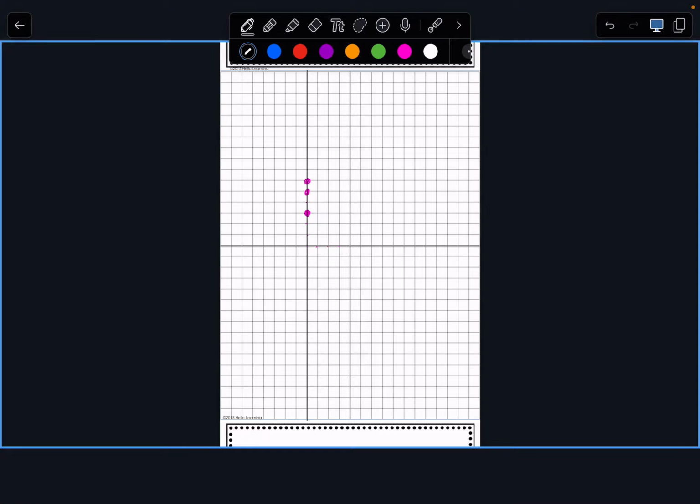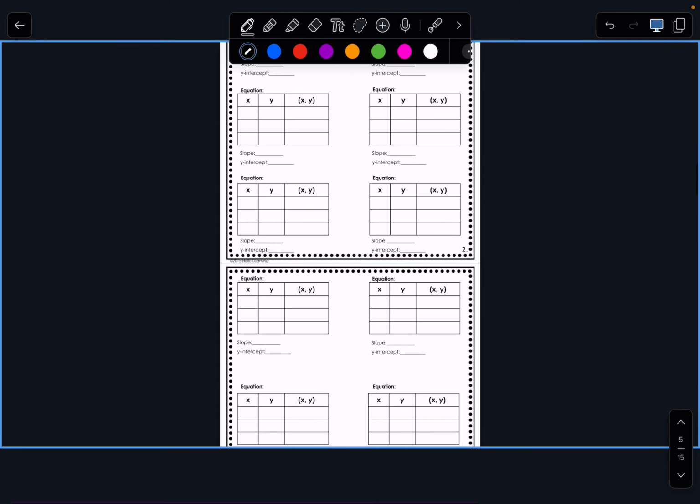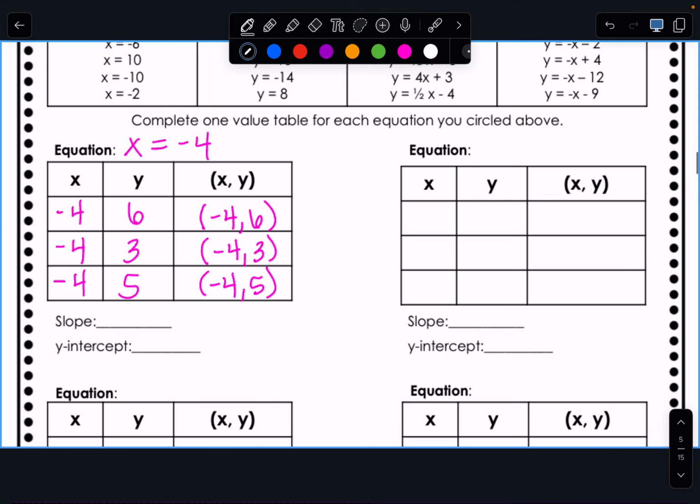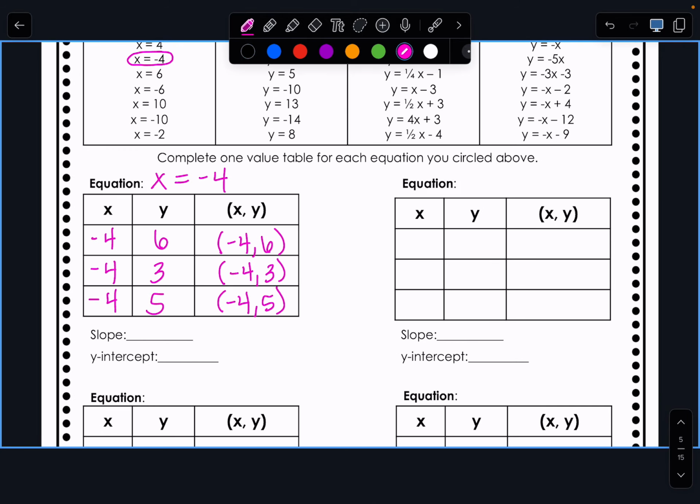Oh, it's undefined. So back on your packet page, let's write that our slope is undefined. And there's not a y-intercept because it's a vertical line.